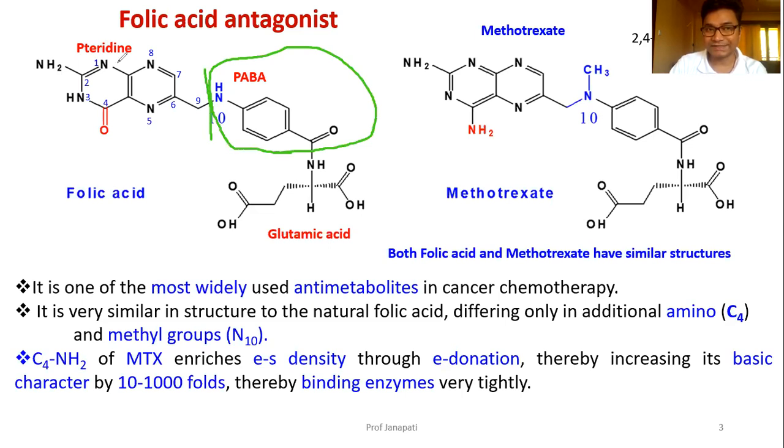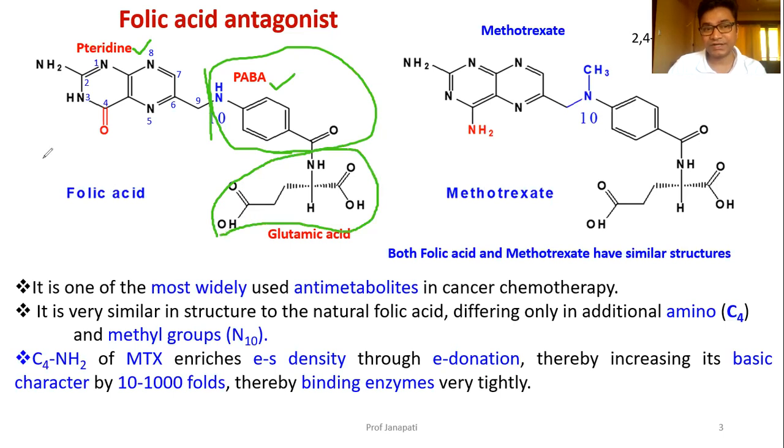Number 1 is the pteridine nucleus, that is nothing but pyrimidine and pyrazine structure. Then PABA, that is para-aminobenzoic acid, and this is the portion of glutamic acid. Glutamic acid is a dicarboxylic amino acid.